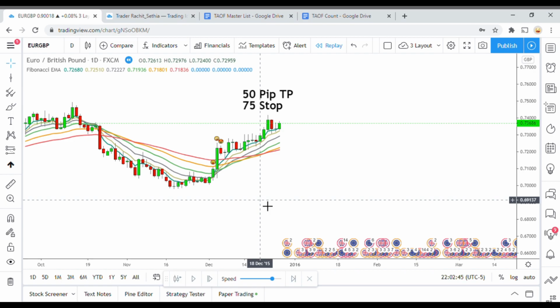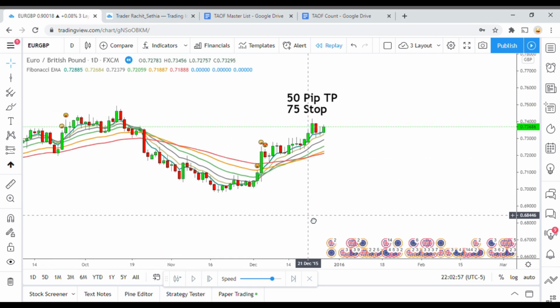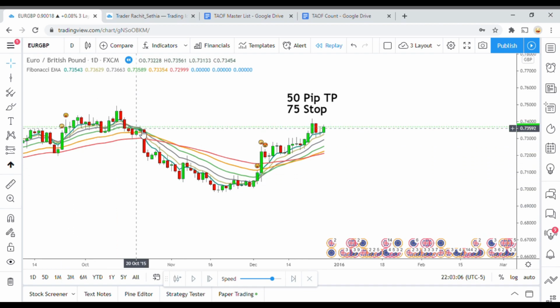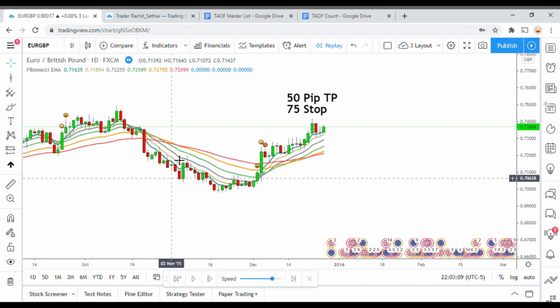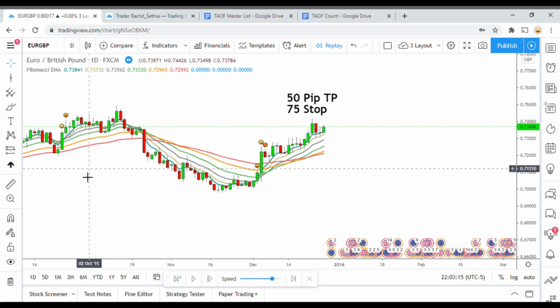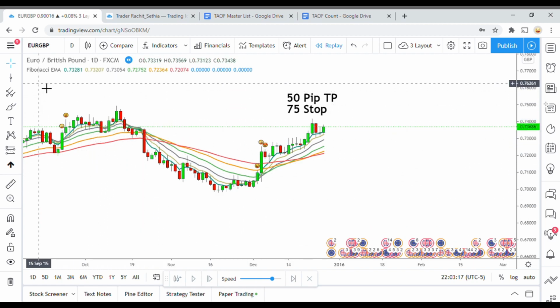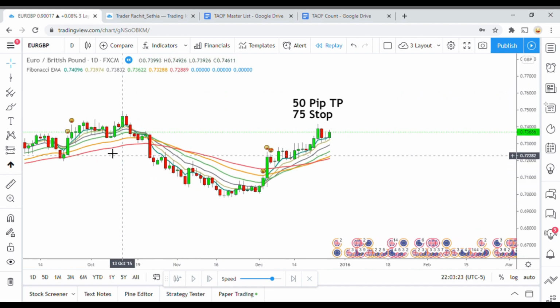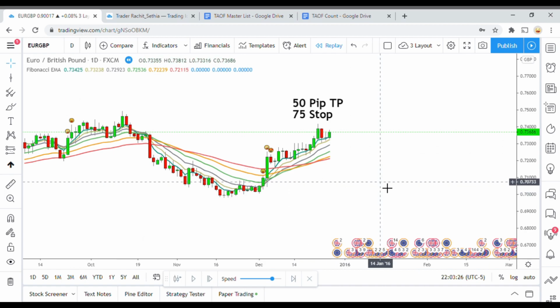All right. So, as I said, today's indicator is the Fibonacci EMA indicator. You can see it here on screen. It looks very similar to something like the alligator indicator or the multi-EMA indicator, so on. Basically we have these multiple different lines, and they are all EMAs, exponential moving averages, plotted at different periods.